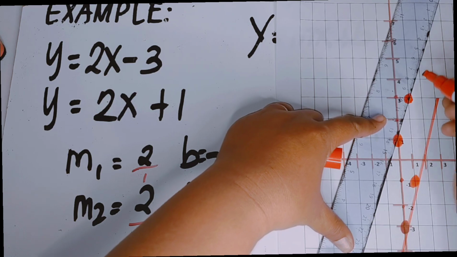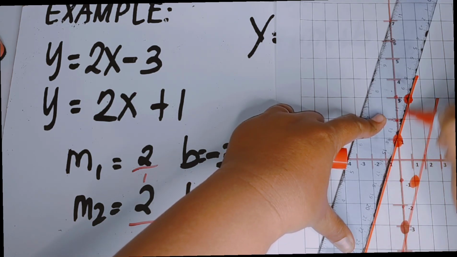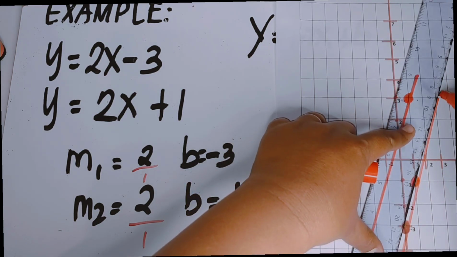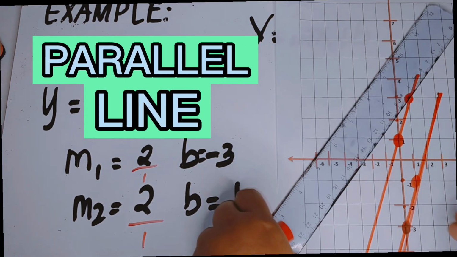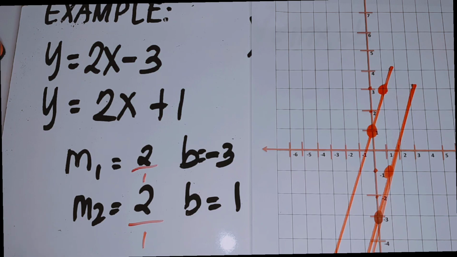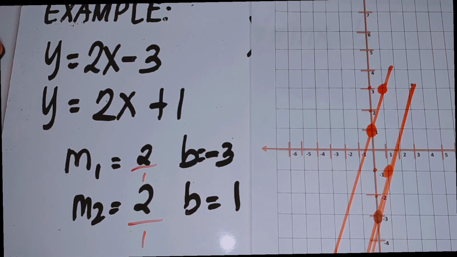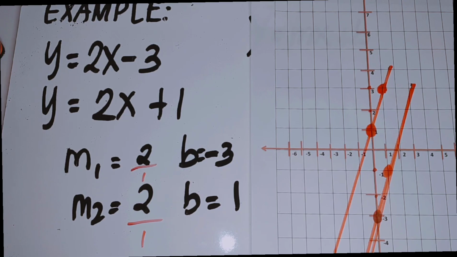So, that is the second line, or the parallel lines. Ang kinalabasan ng graph natin is parallel lines. So, ibig sabihin, ang dalawang graph na to ay walang solution or has no solution.